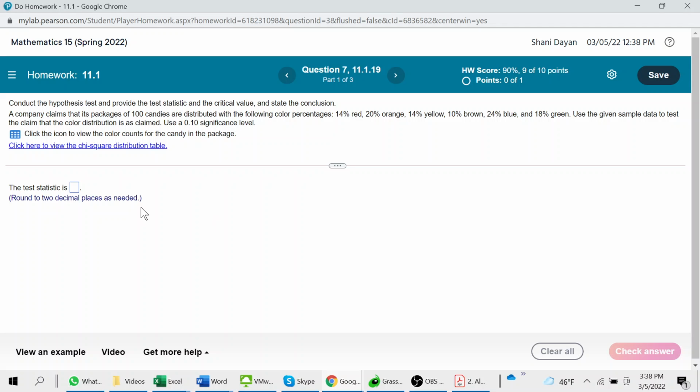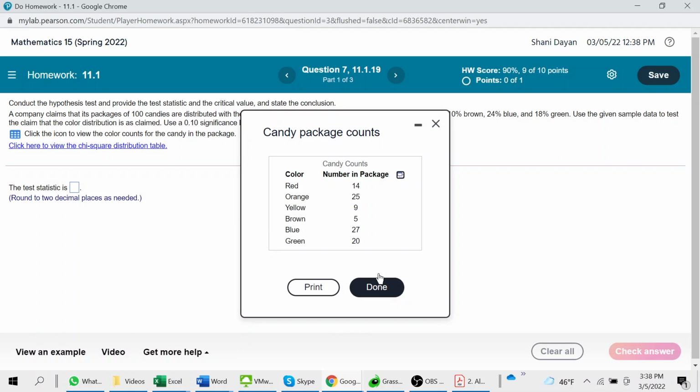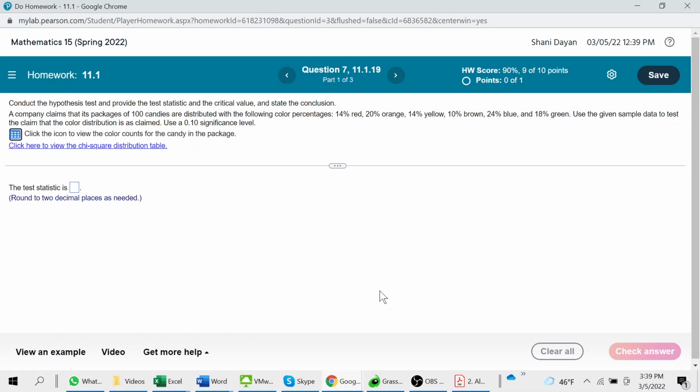All right. The company claims that its packages of 100 candies are distributed in certain proportions. Okay, so that's the observed package. Let me just pull it down on my calculator. 14, 25, 9, 5, 27, 20.